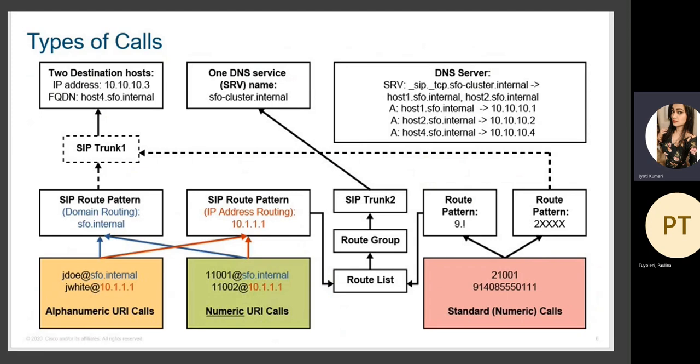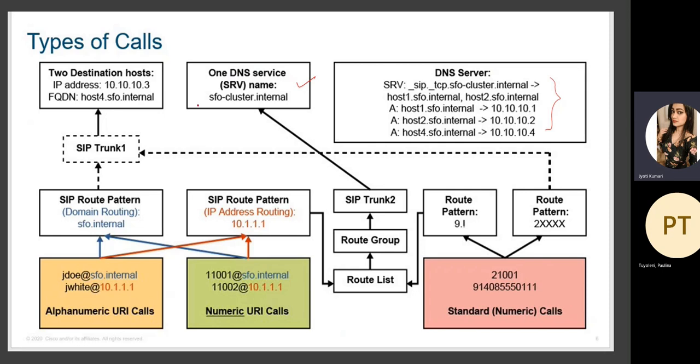Types of calls: we know the different types of calls we can make to destination hosts. A DNS service is used for this purpose. DNS is required; this is one of the prerequisites for URI dialing, that you must have a DNS server. The DNS records used are A records and SRV records, which are used for the DNS service to work.